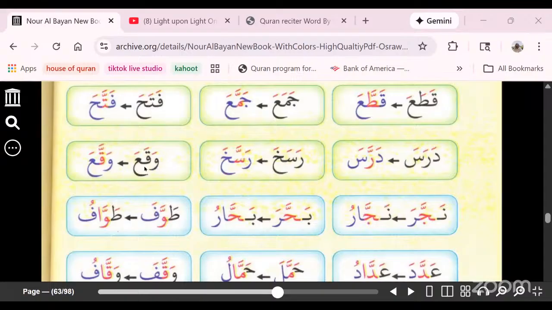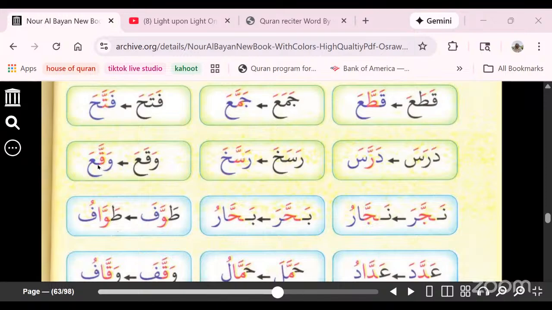Waqa'a. Wakoha. Good. So I want you to do the shadda properly on the qaf.